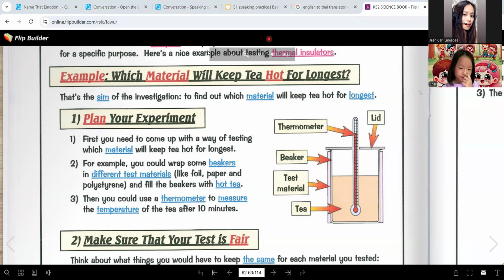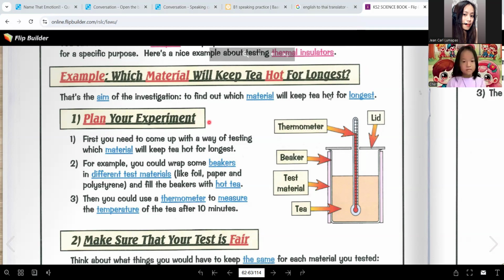I say, what are the materials that we test in order to find out which material will keep tea hot for the longest time? Oh, thermometer.